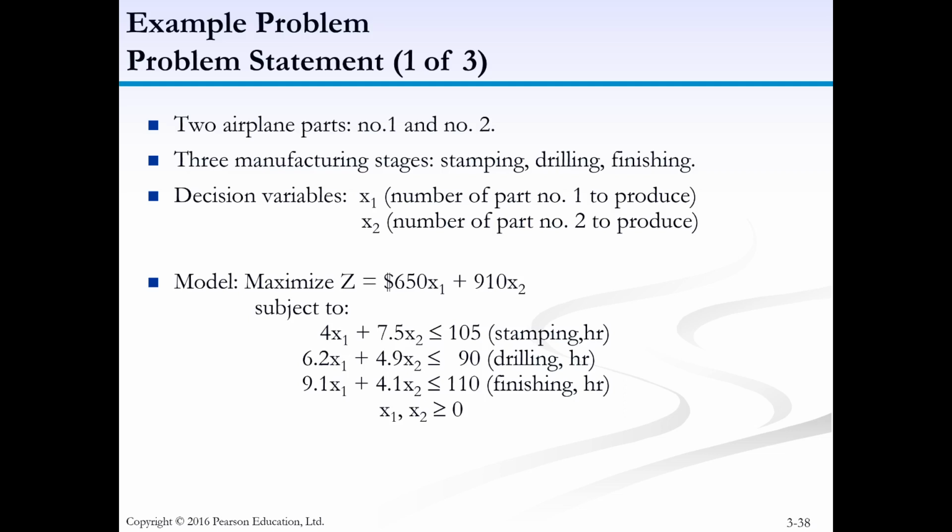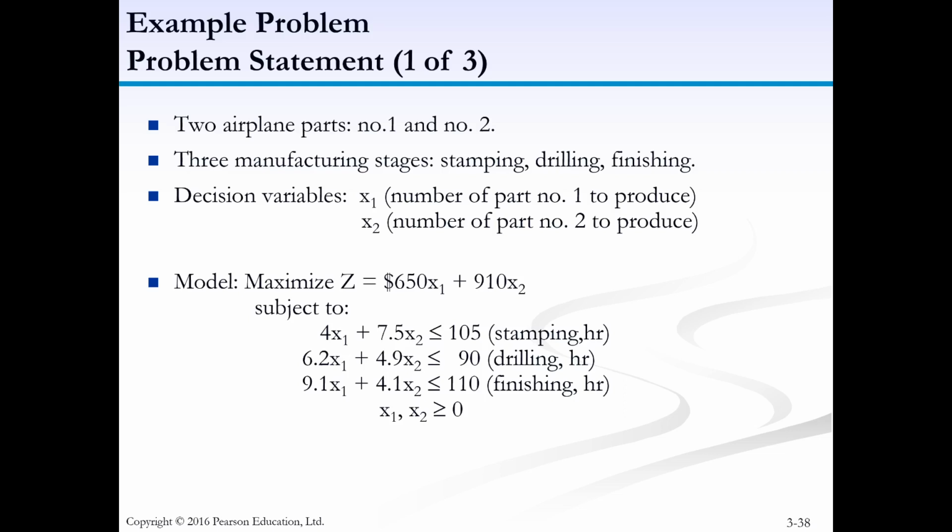Okay, let's see one example problem just to have our concepts embedded in our minds firmly. We have these two airplane parts, number 1 and number 2. Some company is making two parts, and there are 3 manufacturing stages: stamping, drilling, and finishing.